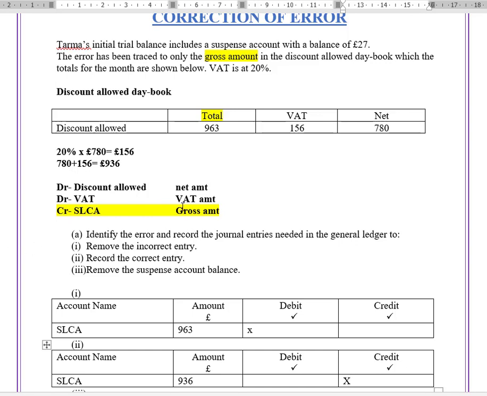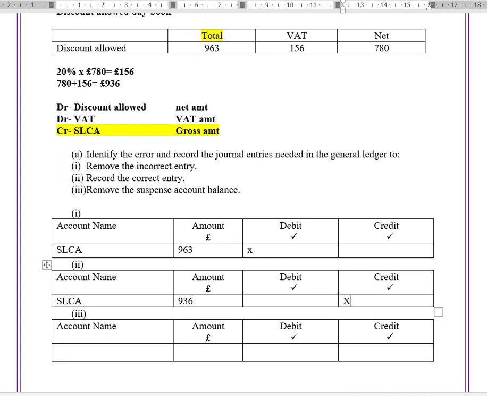For me to be able to answer this question, I need to know what account will be affected, which will be debited, and which will be credited. So I know SLCA should be a credit, but you've put the wrong amount. So the question is saying remove the wrong amount and put in the correct amount. And then it says remove the suspense account balance. So it will be suspense account, will be your account name. It will be the difference between those two amounts.